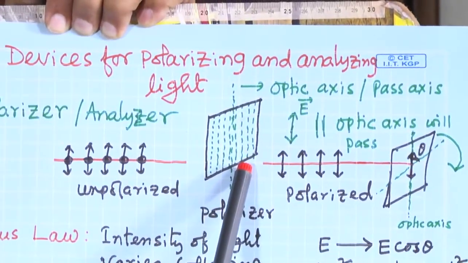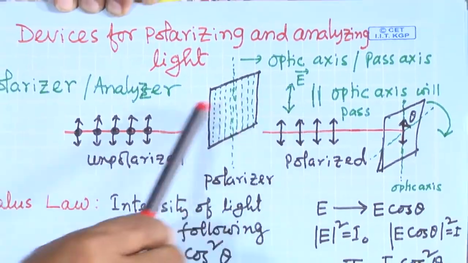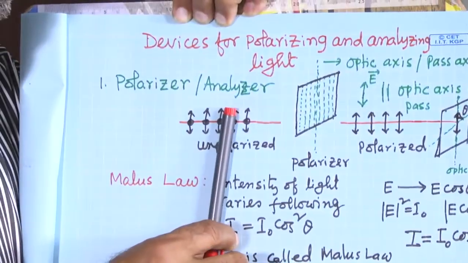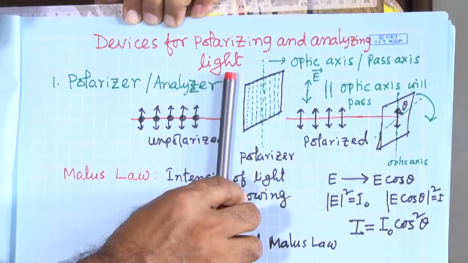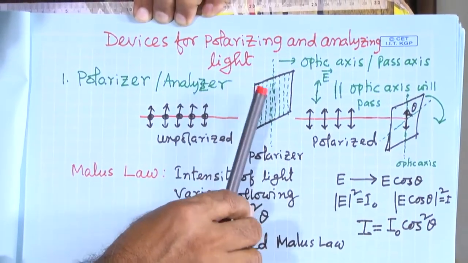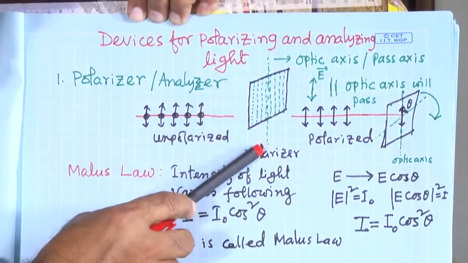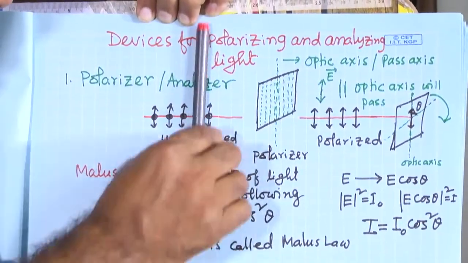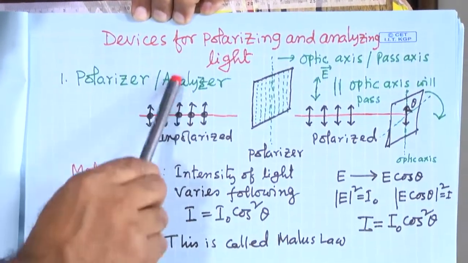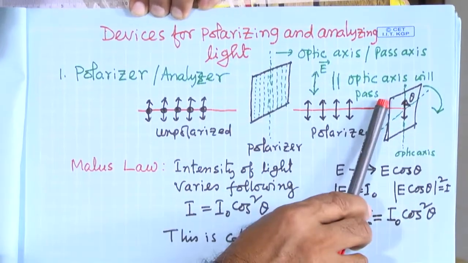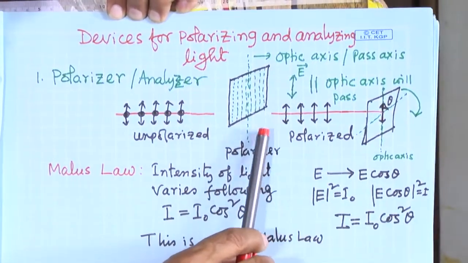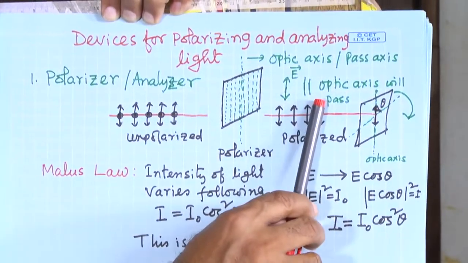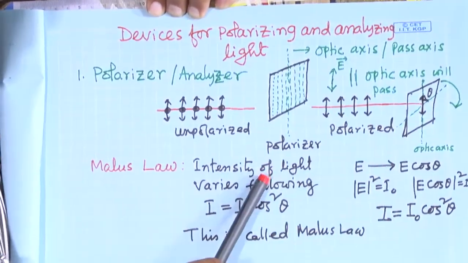The electric component is basically a vector, right. So, if I place a polarizer whose optics axis is parallel to this component, on the other side of the polarizer I will get light with only this component. Then it is polarized light.